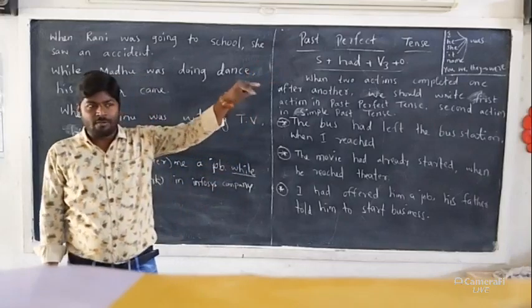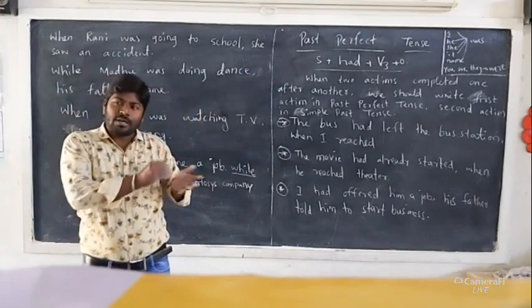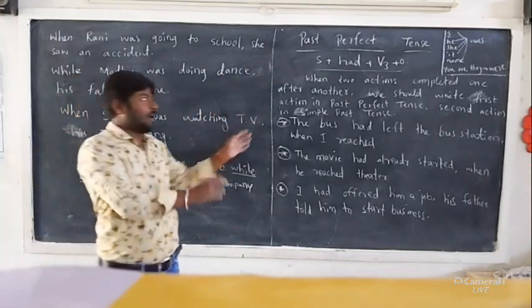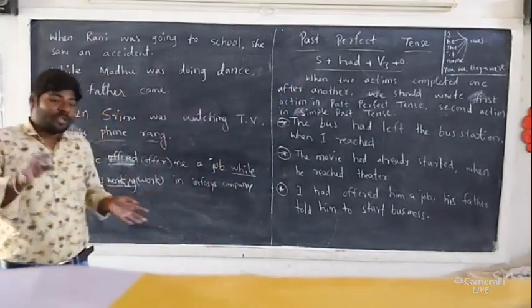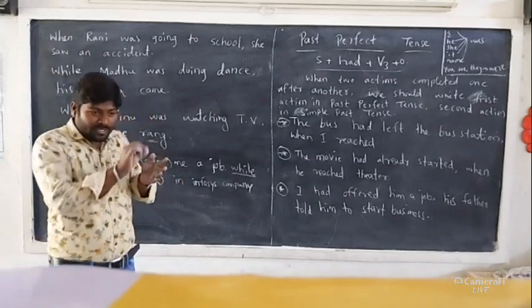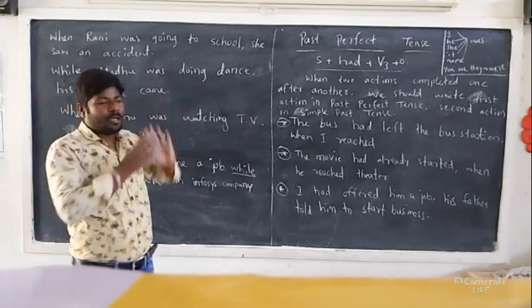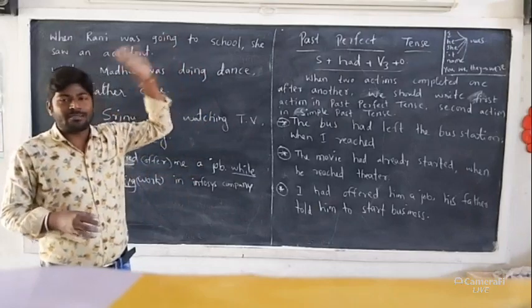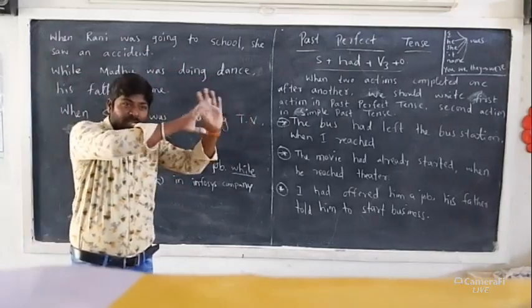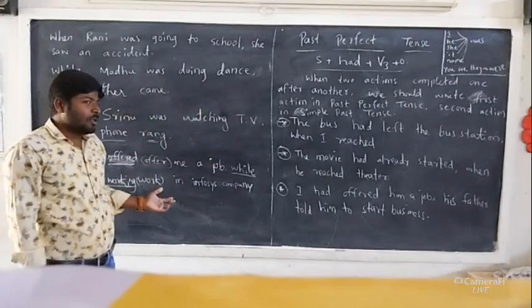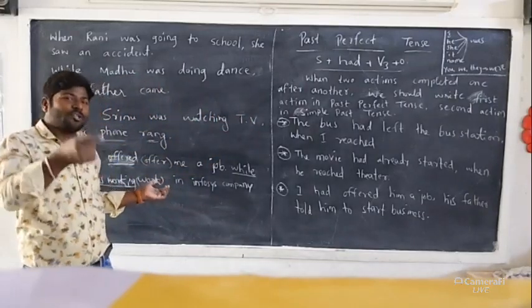If two actions happen one after another, you can write them in past perfect tense. When you prepare sentences, first think about actions you did in the past. Based on your personal experience, you can prepare examples, and easily understand and write.